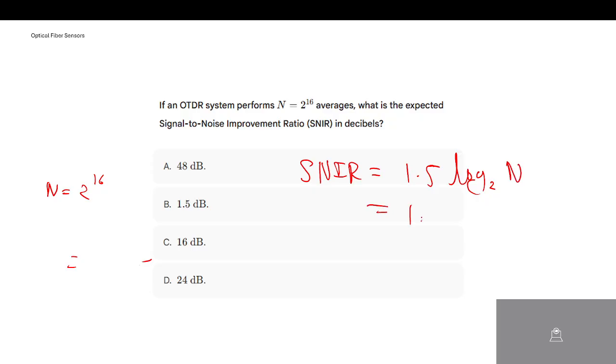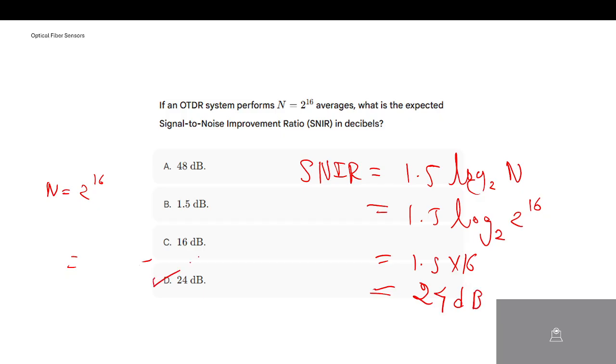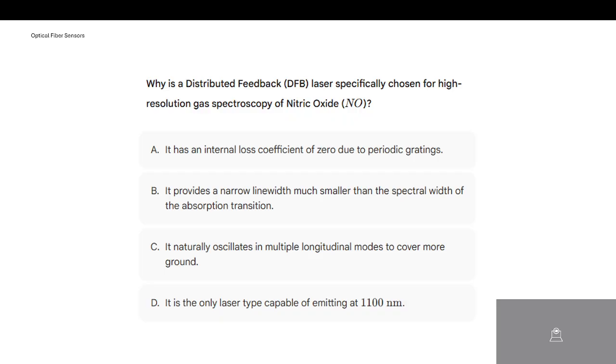If we keep the n value here, which is 2 to the power 16, it becomes 1.5 into 16, approximately 24 decibel. So the correct answer will be 24 decibel, option 3.